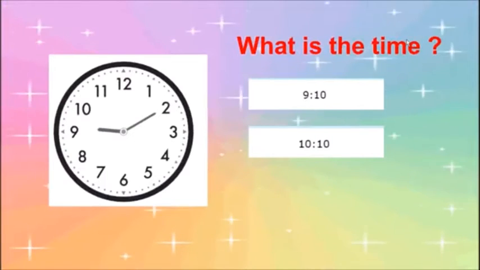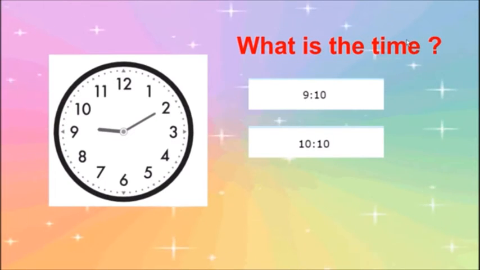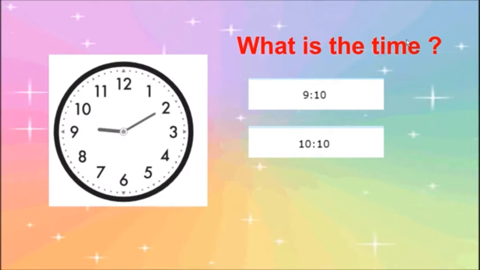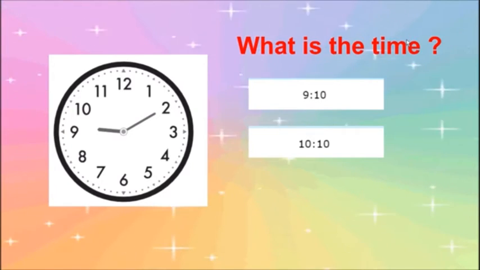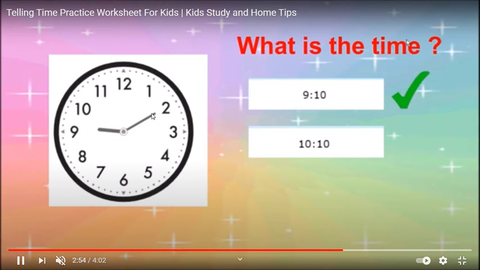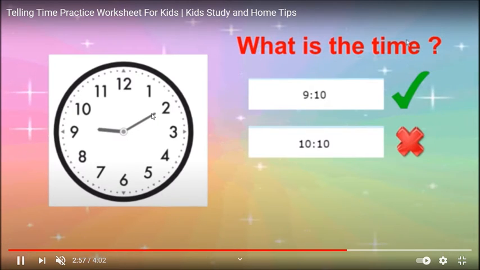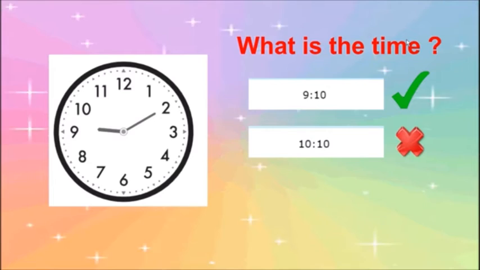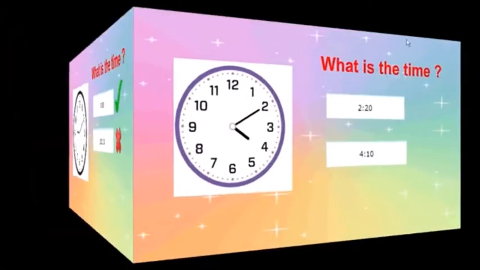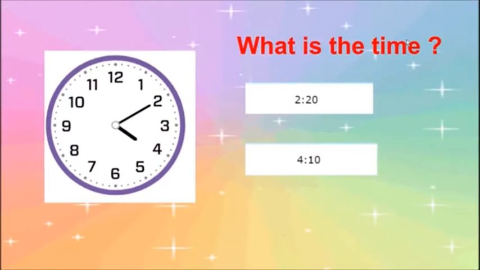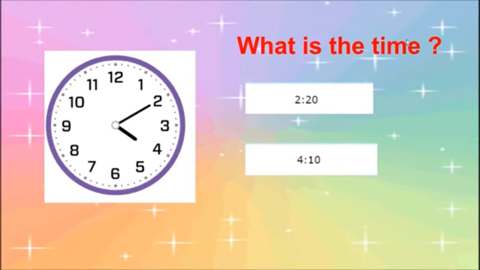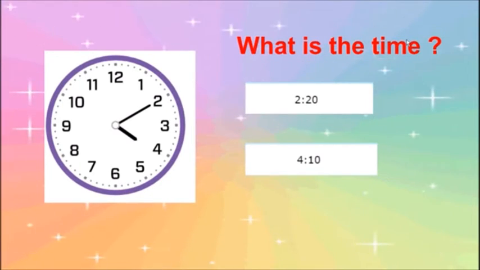Now you can say 10 past 9, or 9:10. 10 minutes past 9 o'clock, or 9:10. Here, 10 minutes past 4 o'clock, or 4:10.